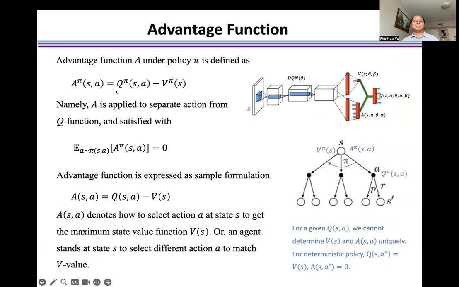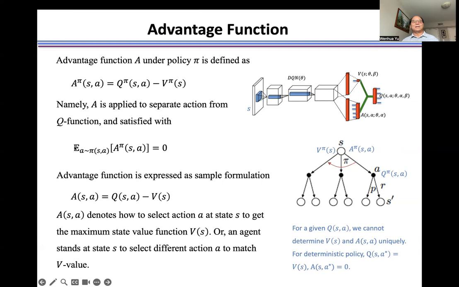The advantage function is simply defined as the difference between this Q value and the state value function. That means we just separate this action from the Q value.